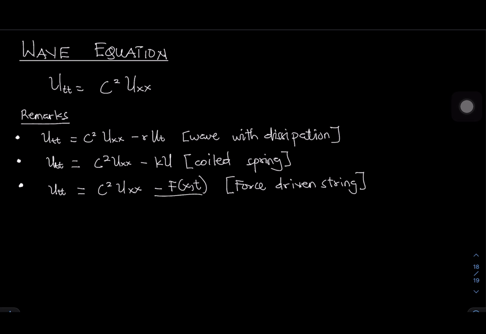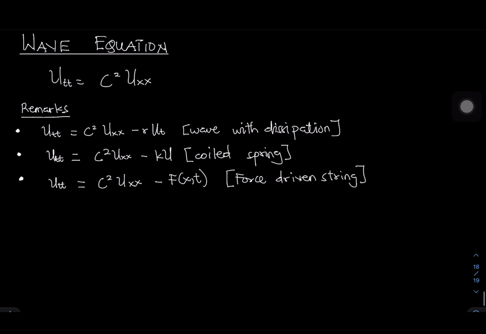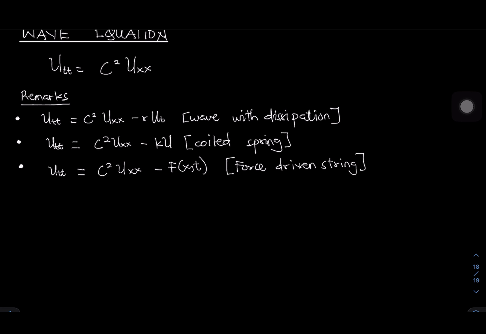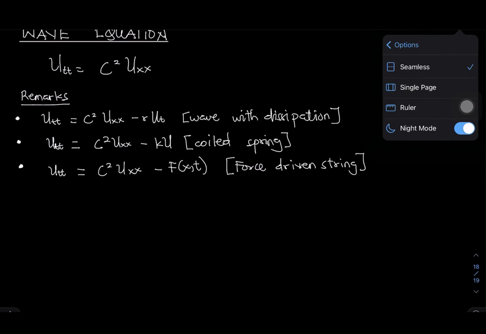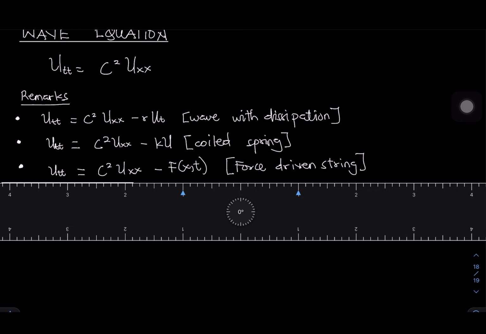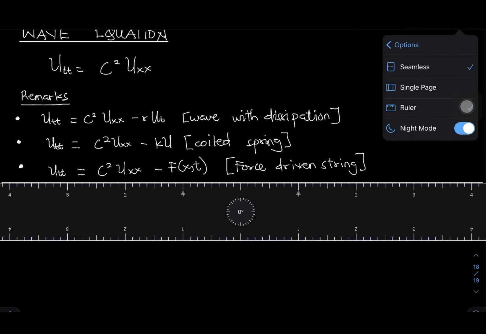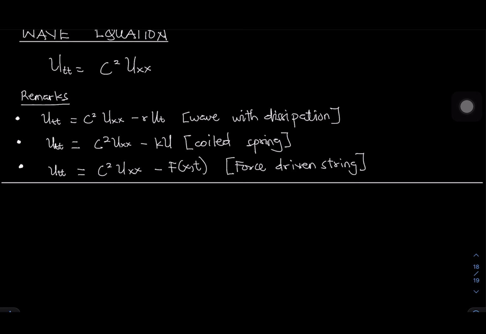And the last one is the force-driven string. Okay, so those are just remarks. We're just going to talk about the basic wave equation, that's u_tt being equal to c u_xx. Let's see how we can solve that.